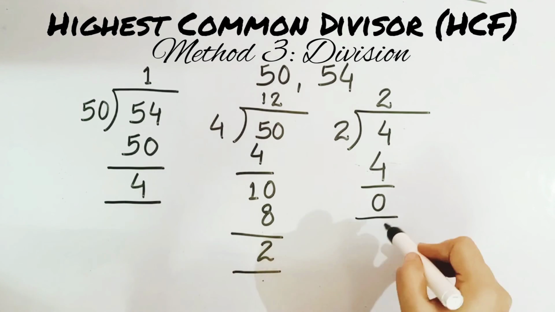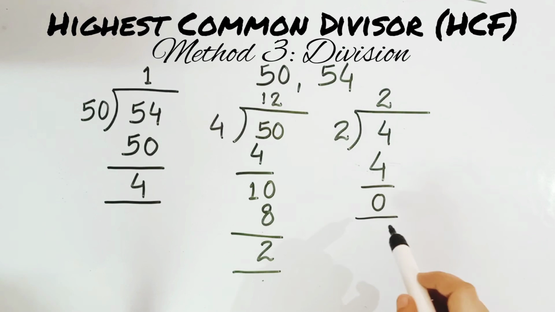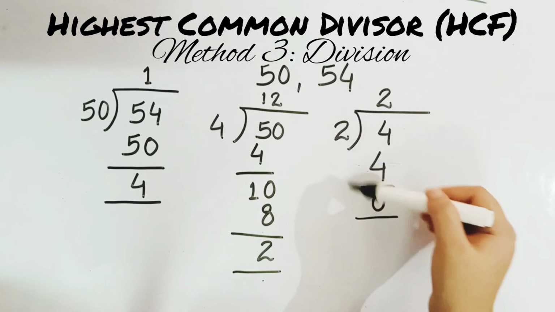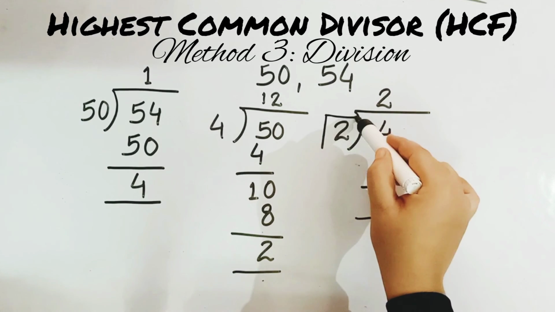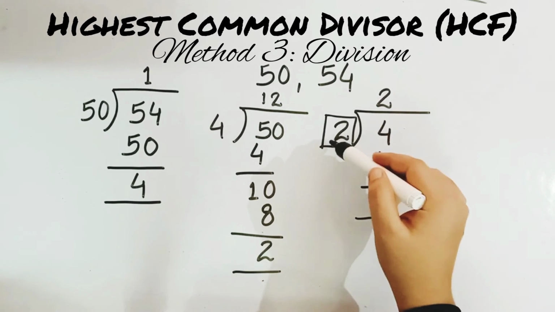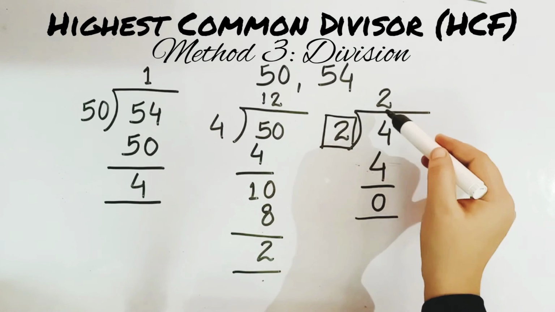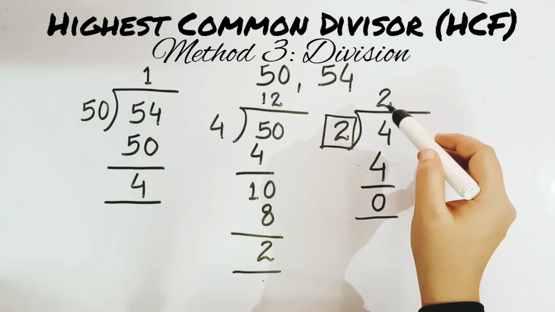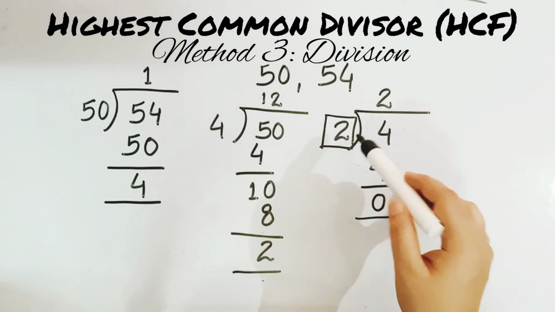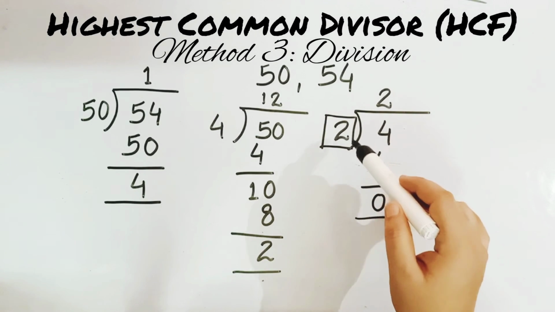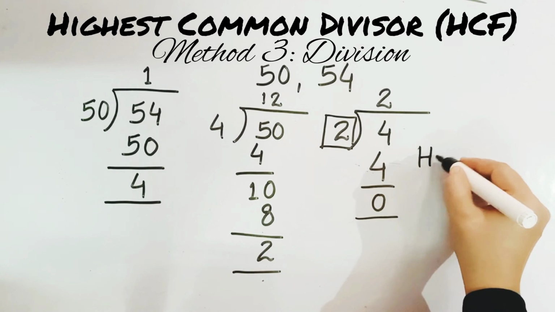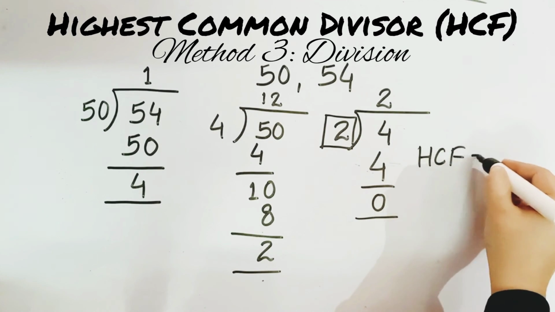Because we got remainder 0 in the third step, the divisor of this step will be our answer. Don't get confused between quotient and divisor because here they are the same, but everywhere we have to take the divisor of the step in which we get remainder 0. So the HCF of 50 and 54 will be 2.